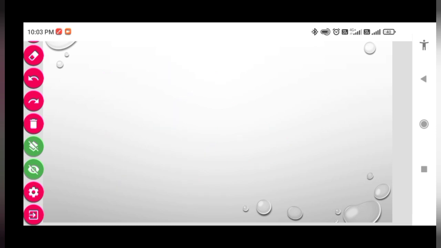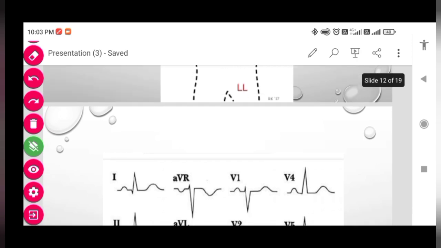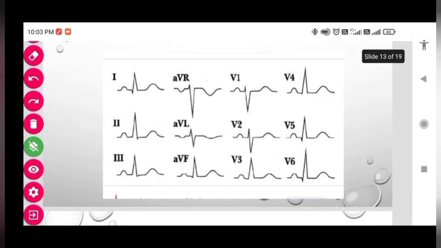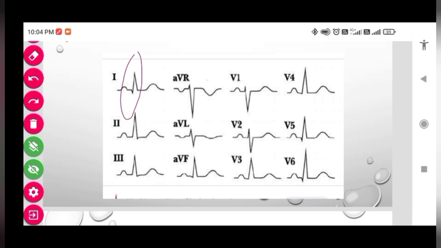So in this manner, as I told you, this is the reference lead. Here you can see the typical P wave, QRS wave and the T wave. Next, the QRS wave of lead 1 is slightly smaller than lead 2, and lead 3 is also smaller than lead 2. Okay. Why does this difference occur?